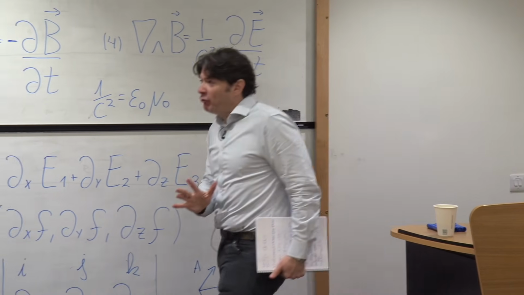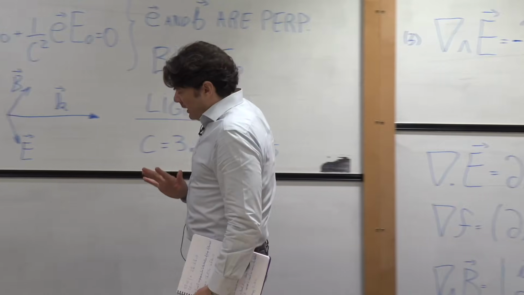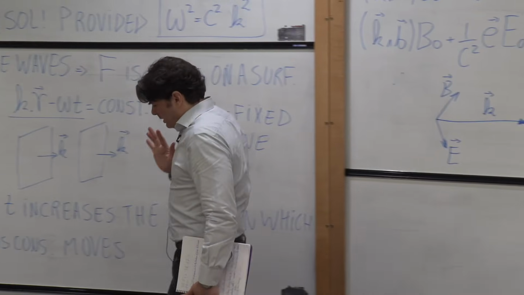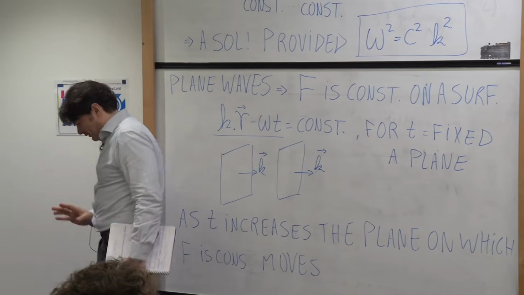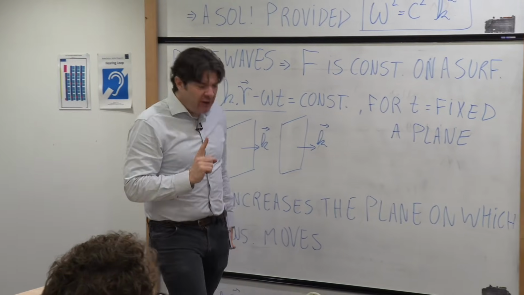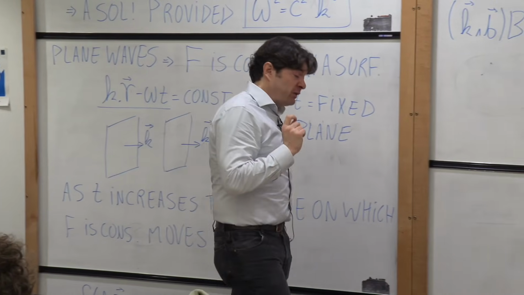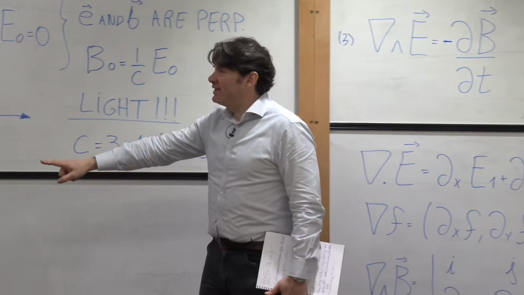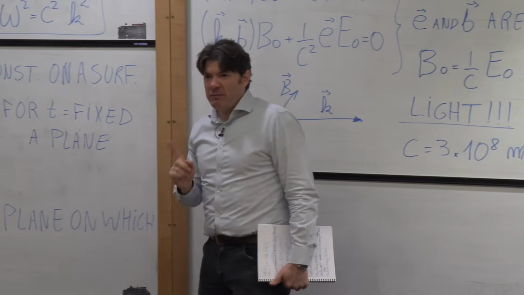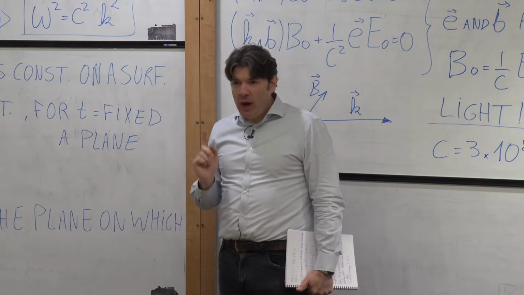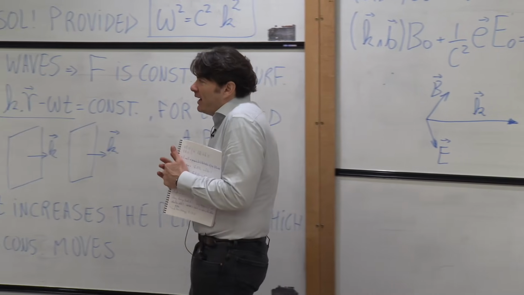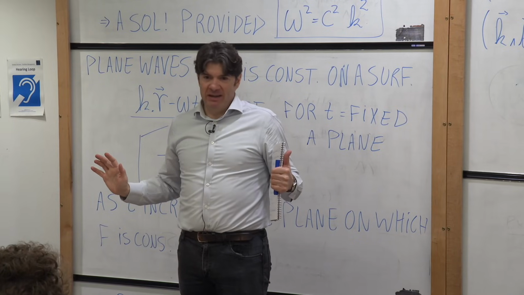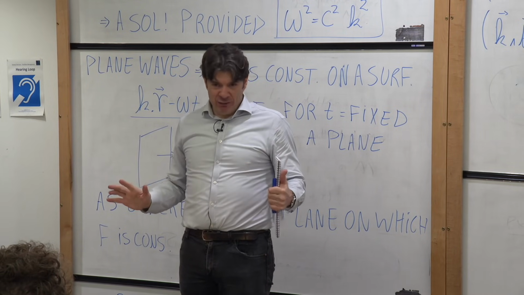So first of all, the question is a really good question. But 5 years after Maxwell, it was the first time that physicists met this equation, but not the first time they met waves. Waves, they had been discussing for decades by then. But they had different kinds of waves.